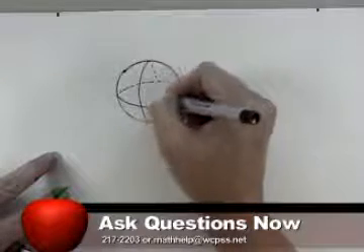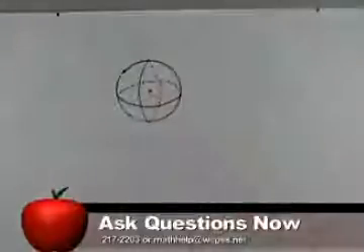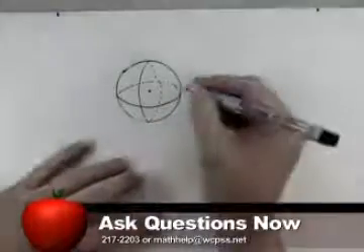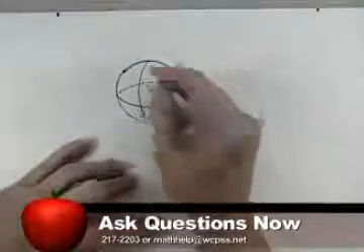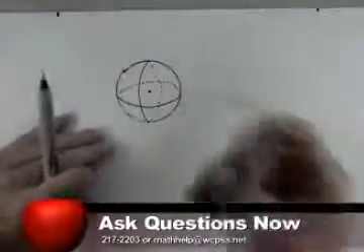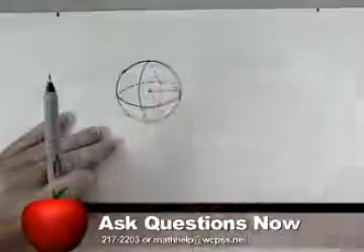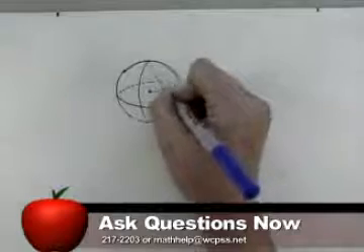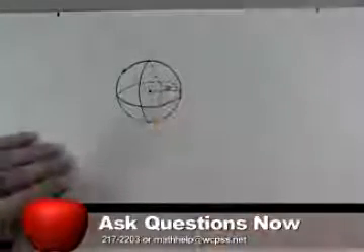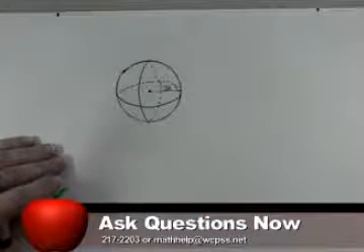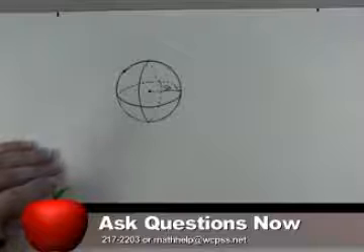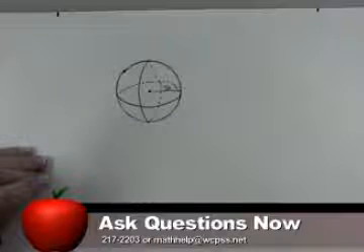So there's my balloon. And the balloon has a radius of 50 centimeters, and we know that it has an approximate volume. It holds 523,600 cubic centimeters of air.